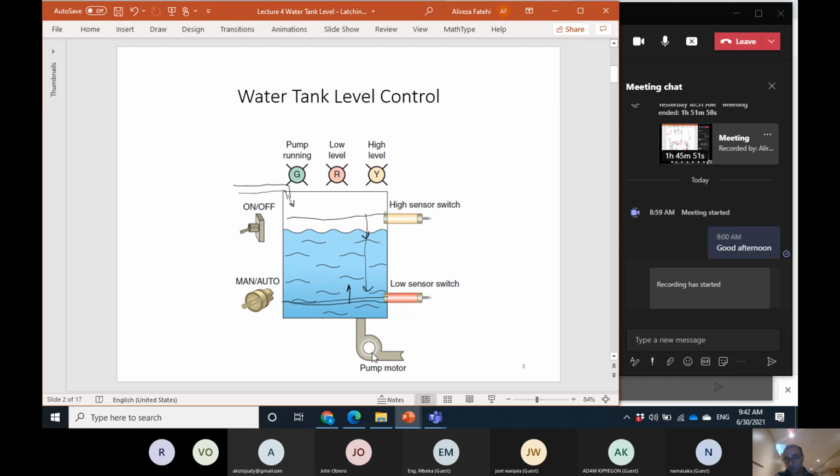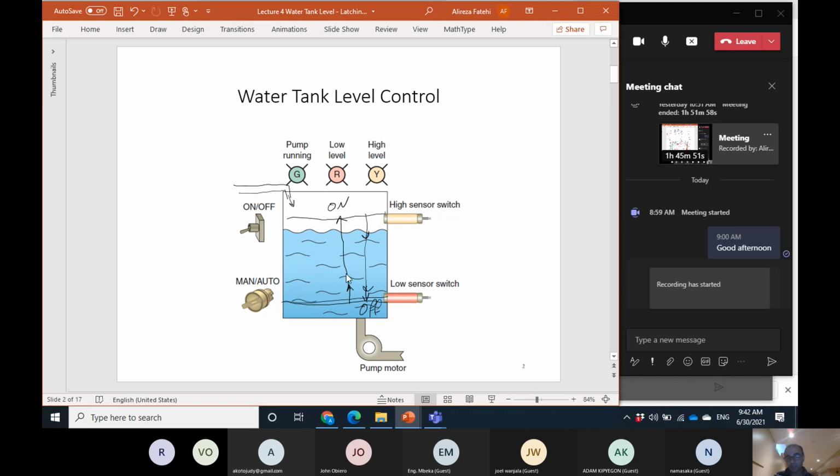The pump does not turn on again when the level becomes more than the low sensor. It turns on when the level reaches the high sensor. So at this point the pump turns on, and at this position the pump turns off.